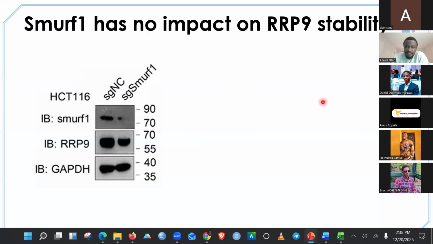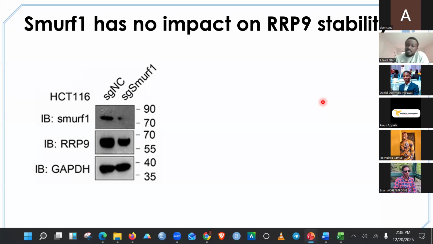Now, the next thing, if there is an interaction, we know that when SMURF is around, it catalyzes ubiquitination, whereby the protein is degraded, or it adds NEDD8. So let's see, will there be any effect on the levels of RRP9? Now there's an interaction.